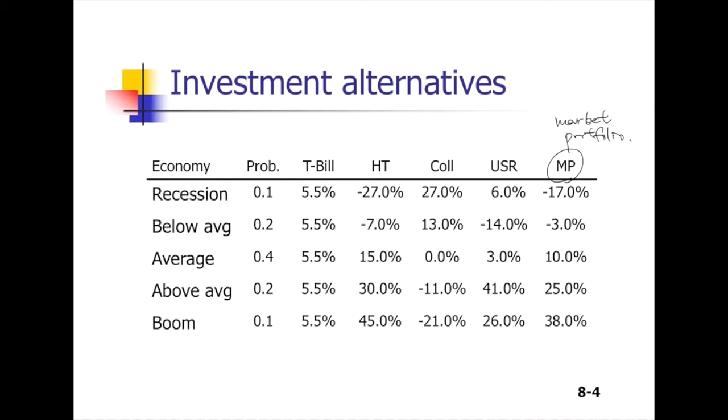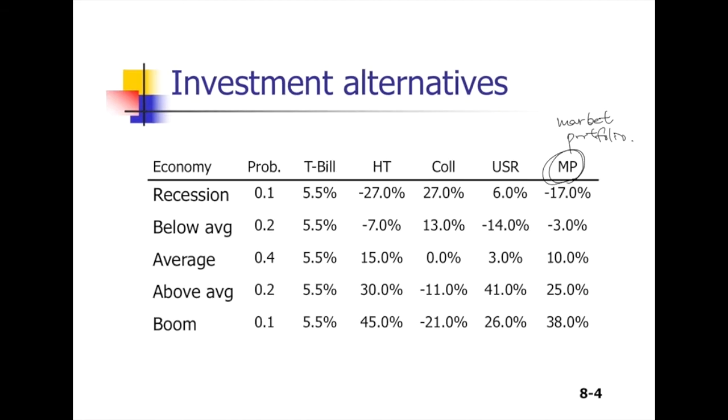So you can simply understand it as the KOSPI 200 or S&P 500. The portfolio represents the market. So if the economy is in boom, it has a high expected return, and if the economy is in recession, it has a negative expected return.